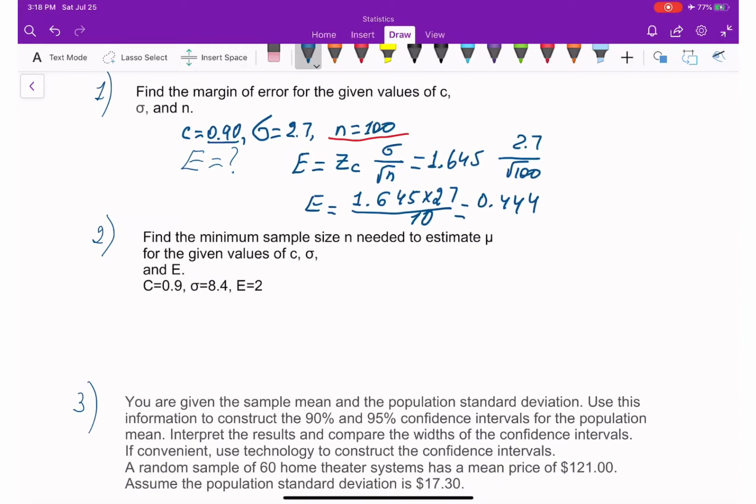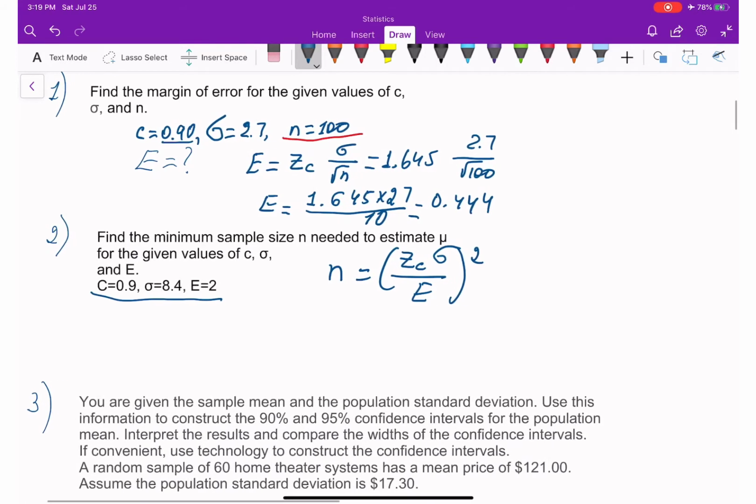Okay, next one. Find the minimum sample size n needed to estimate mu for the given value, confidence interval, sigma, and error. Okay, this is the data we are given. So we need to find minimum sample size. Remember, we are going backwards. Minimum sample size is equal Z critical sigma over error, squared.